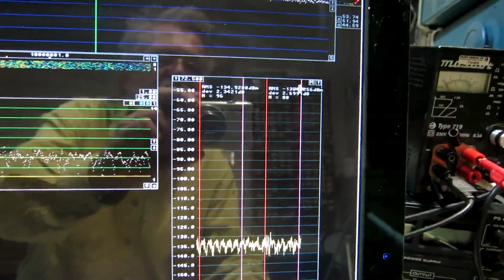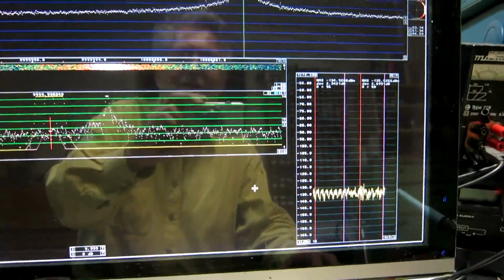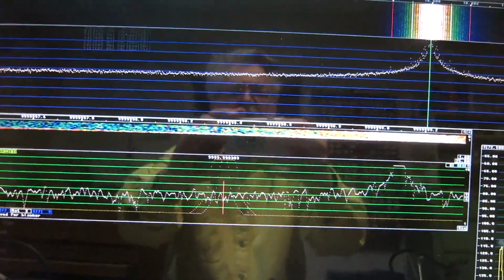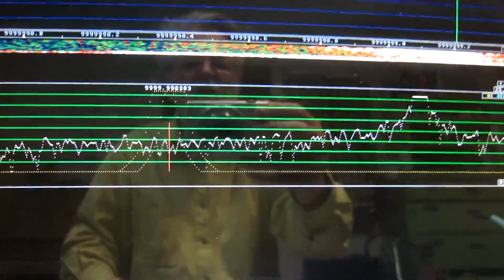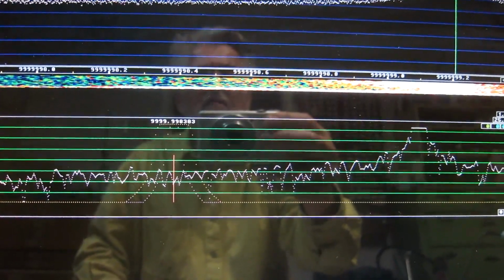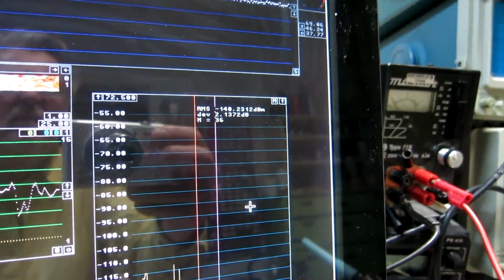I adopt this second value. It looks in a way more reliable. This is 0.7 Hz frequency separation in a bandwidth of 0.1 Hz, and I read minus 140.2.